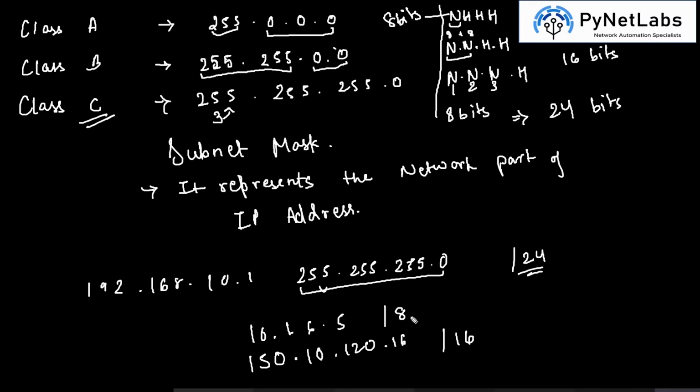In that case, this 8 can be changed to 9, 10, 11, 12, and any other value. Don't think about that as of now, as it might confuse you. So this is something about subnet mask. Subnet mask just represents the network part of the IP address.